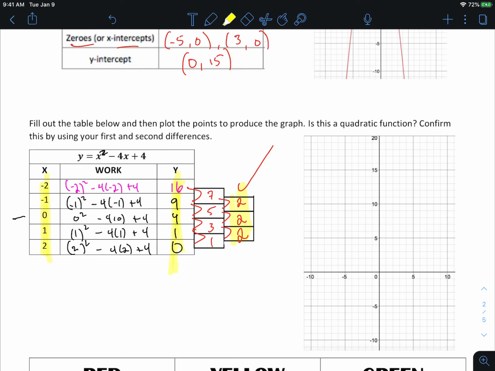So you're going to find negative 2 and 16, and then negative 1 and 9, and then 0 and 4, and then 1, 1, and then 2, 0. I thought I did that wrong for a second. Nope, the 2, 0 is there.